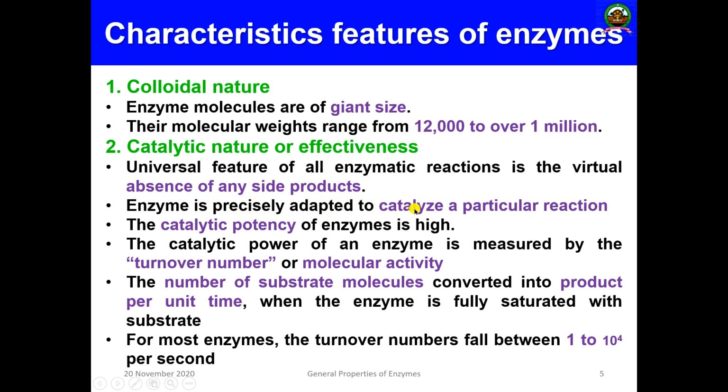An enzyme is adapted to catalyze a very particular reaction; one particular enzyme is very specific to one particular enzymatic reaction. The catalytic property of an enzyme is very high in comparison with other chemical catalysts.